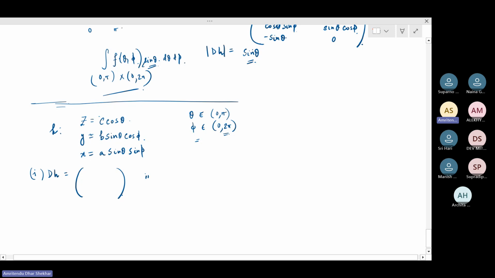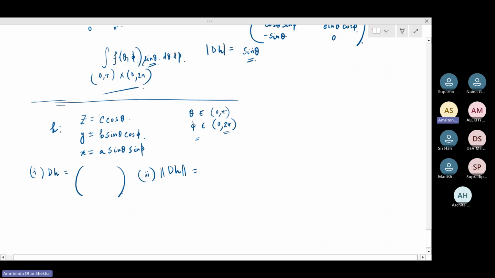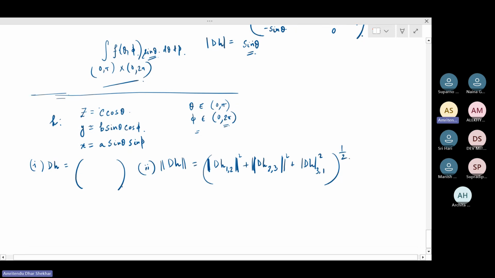The next step is to compute this norm, which is the sum of the squares of the determinants of the 2 cross 2 matrices. This is your second step.